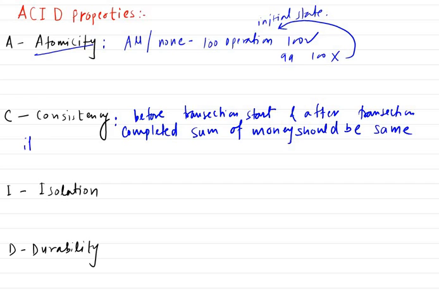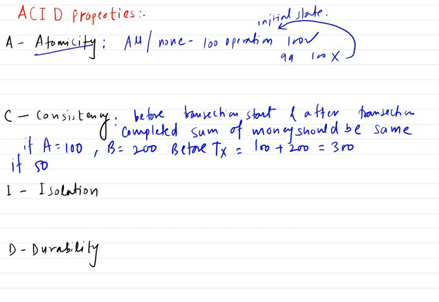Consider if account A has 100 rupees and account B has 200 rupees. So before the transaction, the total sum of money of A and B is 100 plus 200 equals 300.